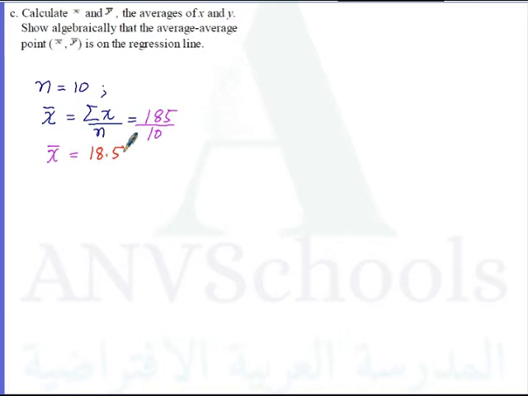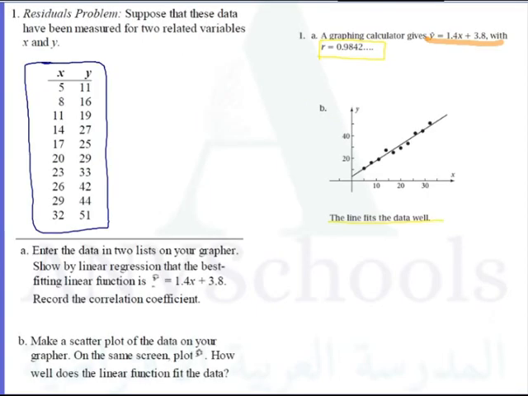Now let's compute the mean for y. This is equal to the summation of all the y values over n. Our y values are 11 plus 16 plus 19 plus 27 plus 25 plus 29 plus 33 plus 42 plus 44 plus 51.